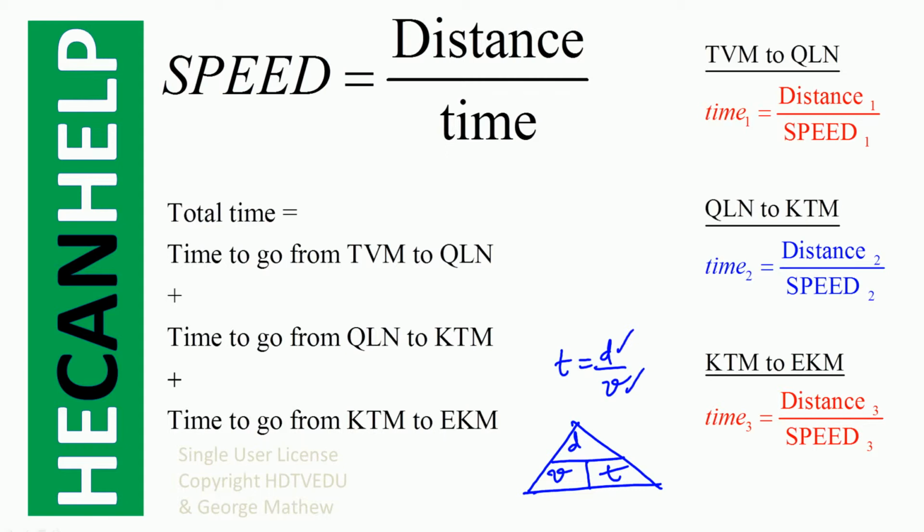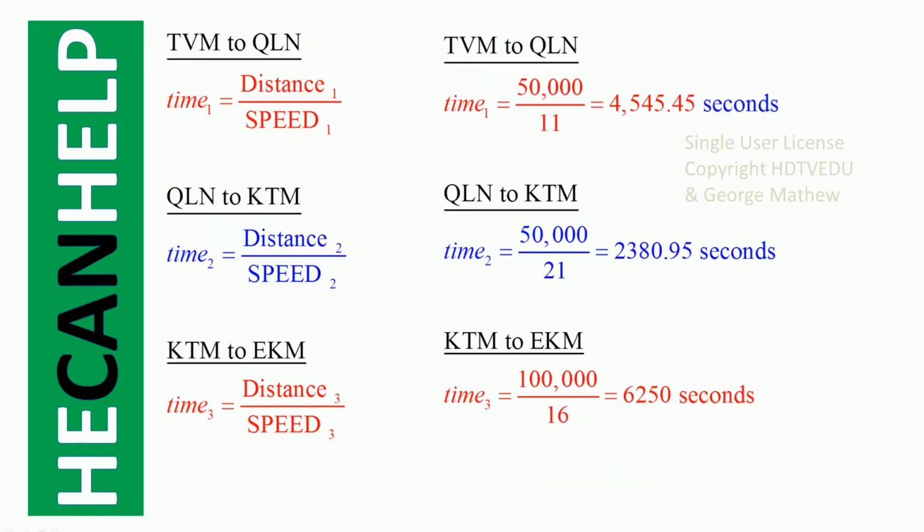So total time is the time to go from TVM to QLN, and then from QLN to KTM, and finally from KTM to EKM. Time is distance divided by speed.